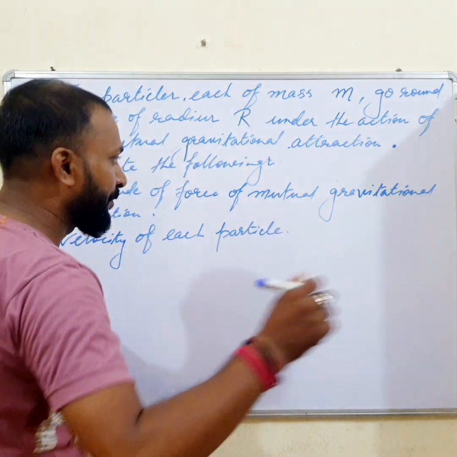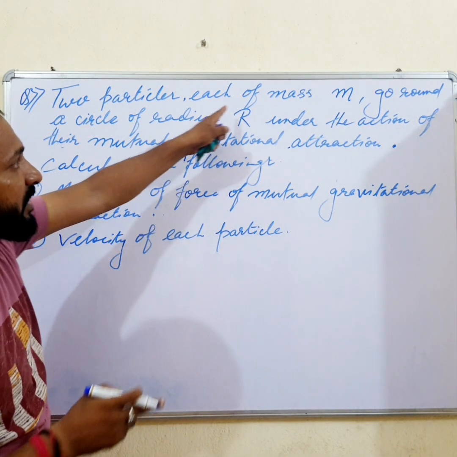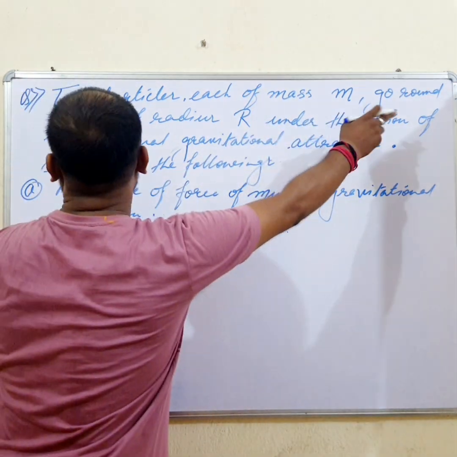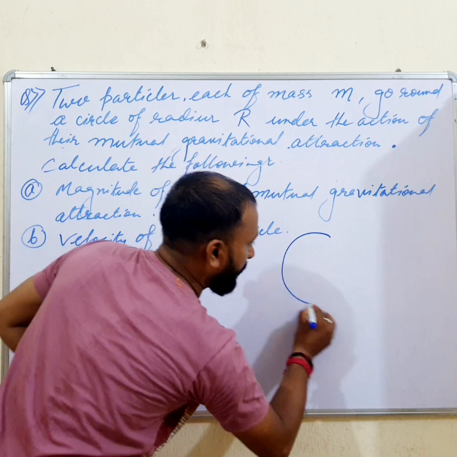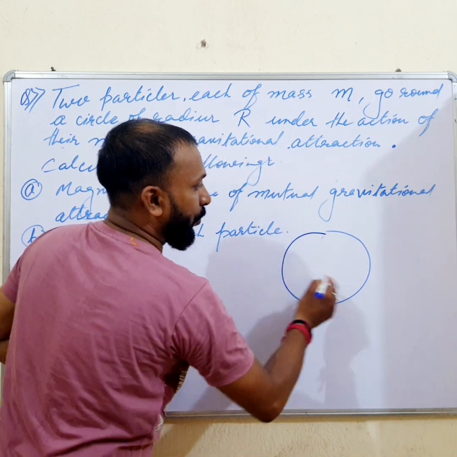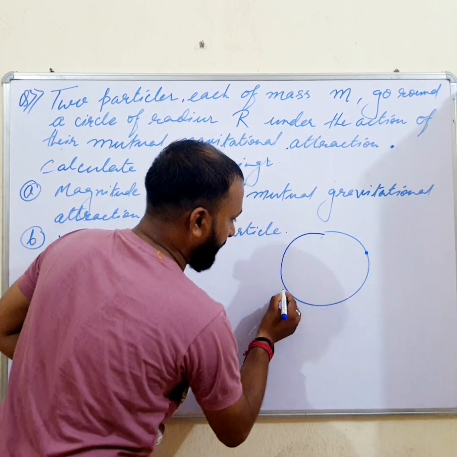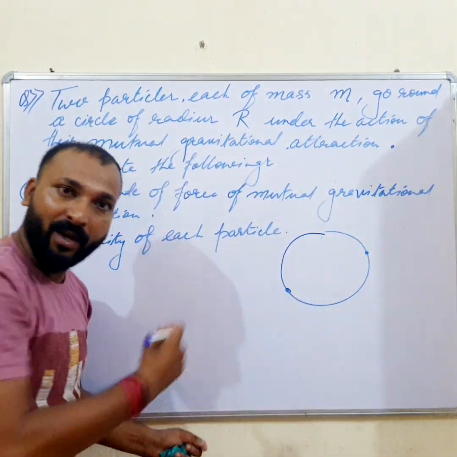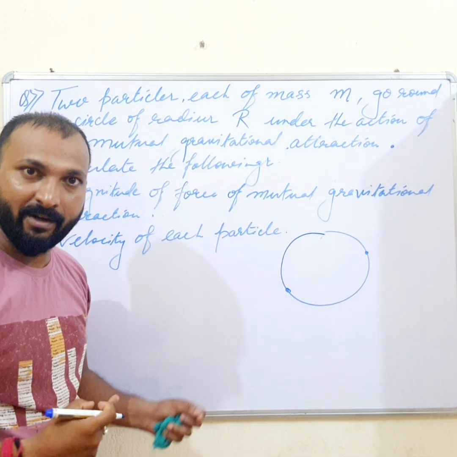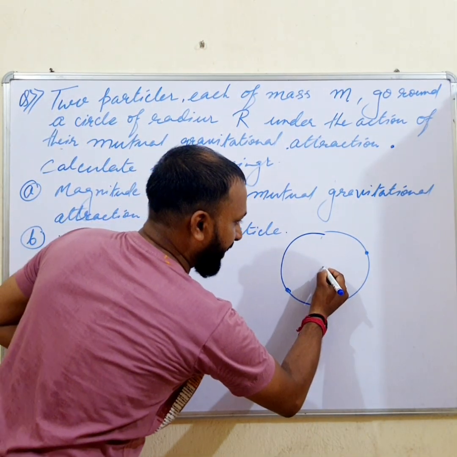So first of all, two particles each of mass m go around a circular track of radius r. Suppose this is a circle, one particle is here, another is here. Both are revolving around a circular track. This is the center of the circular path.